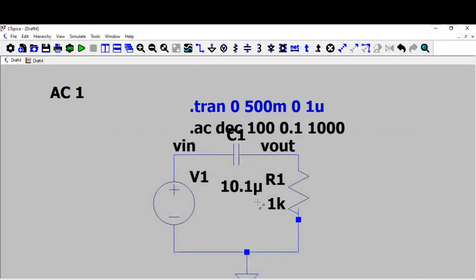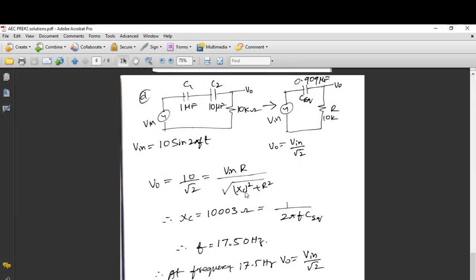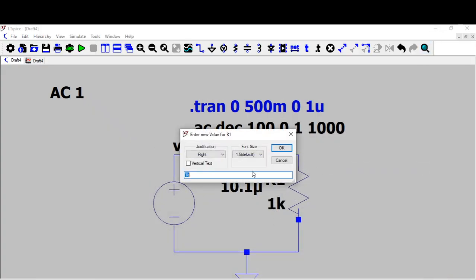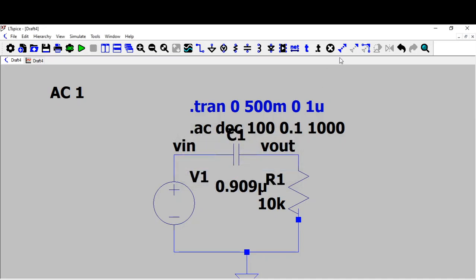So it's fine now. The resistance value is actually 10K, and this is 0.909 microfarad. I think these are the values.